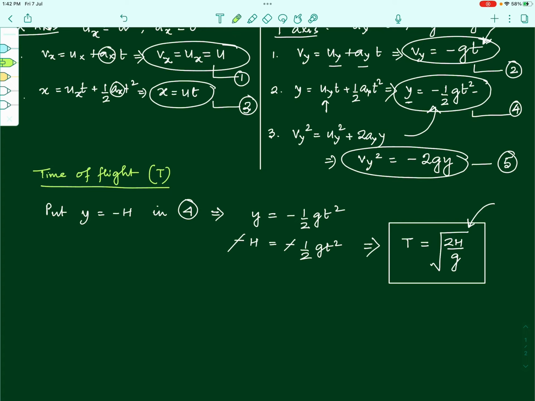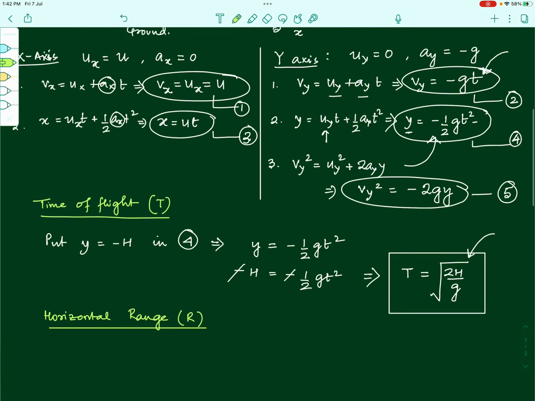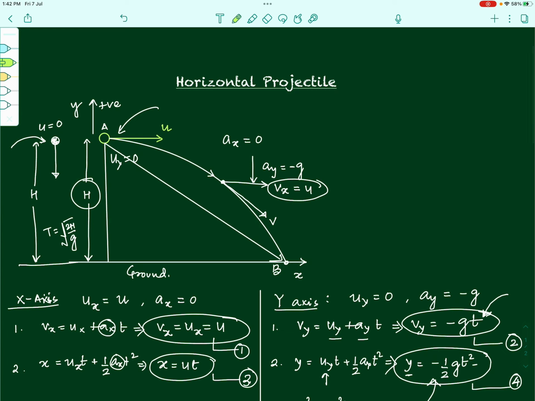The next thing that we would like to find out here would be the horizontal range. As we have discussed in the previous video also, for a normal projectile, horizontal range essentially will be the distance that the projectile has travelled along the horizontal, this length. If we call O to be the base of the point from where the particle is projected on the ground, the distance OB is the horizontal range R, right?